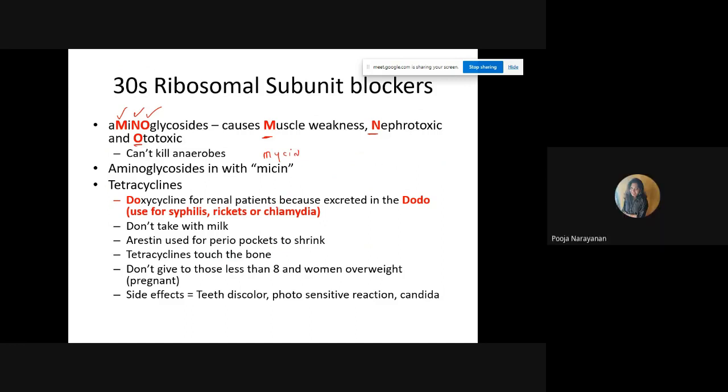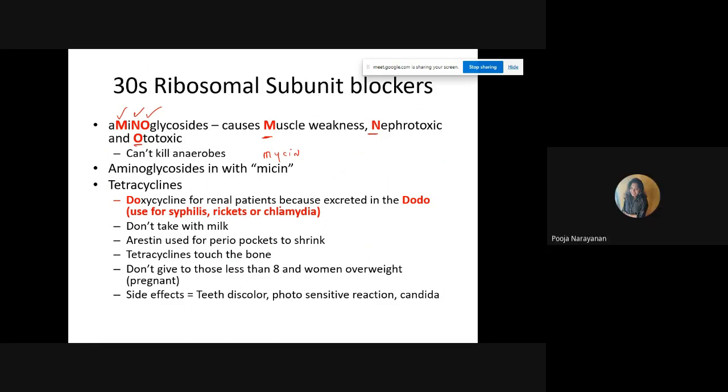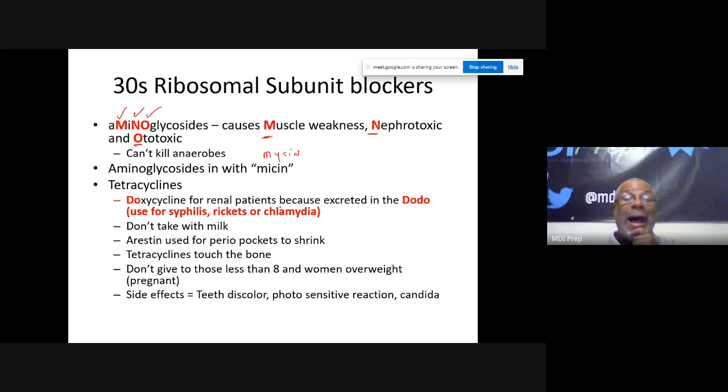Now, question: is erythromycin an aminoglycoside? No. Oh, wow! But it still has that mycin at the end, doesn't it? Yeah. So guess what? That means we need to remember that clindamycin, erythromycin, those are not aminoglycosides.